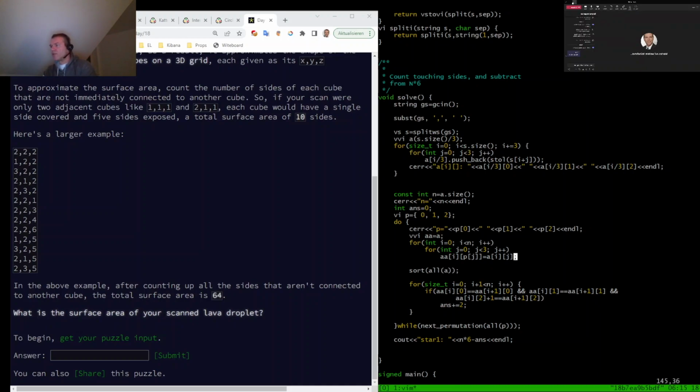So is this thing wrong here? N is the number of data, J is 3. It's correct.